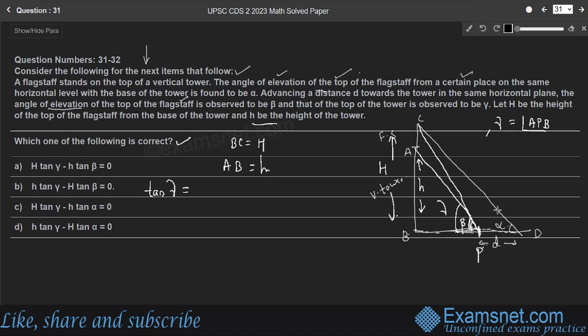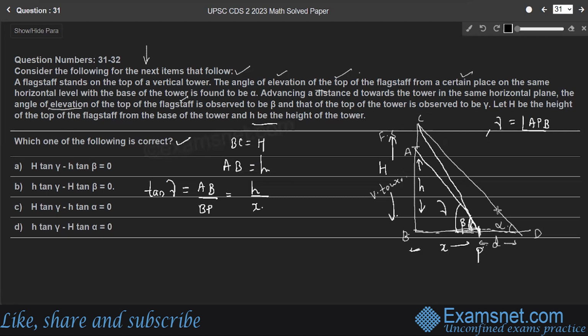Tan is always opposite by adjacent, so tan gamma is opposite side to gamma, AB, adjacent side is BP. AB is the height of the tower, small h, and we'll take BP as x. So h by x is tan gamma.